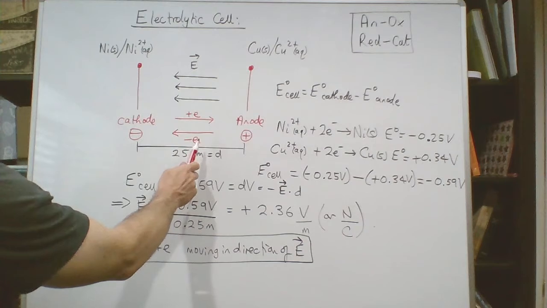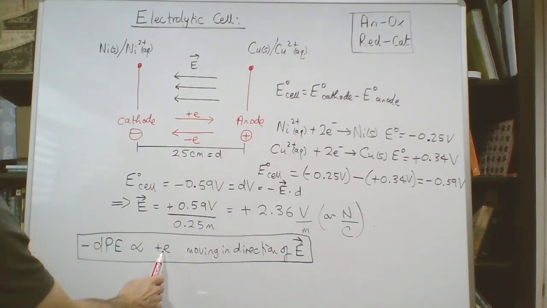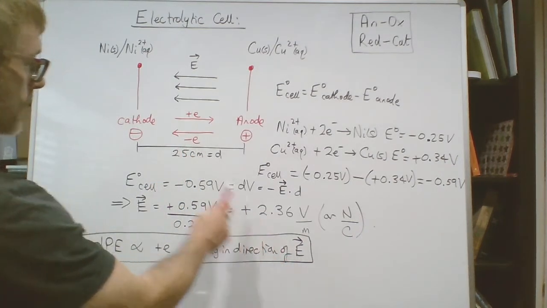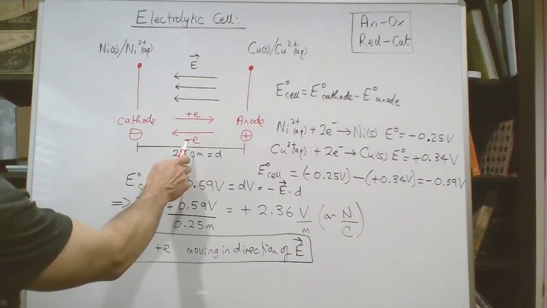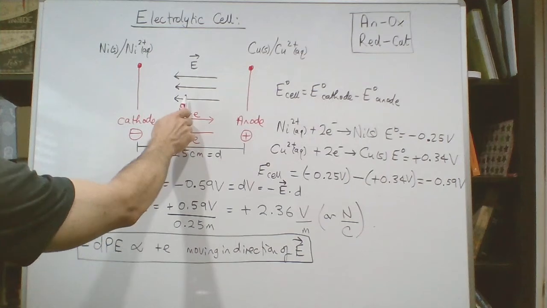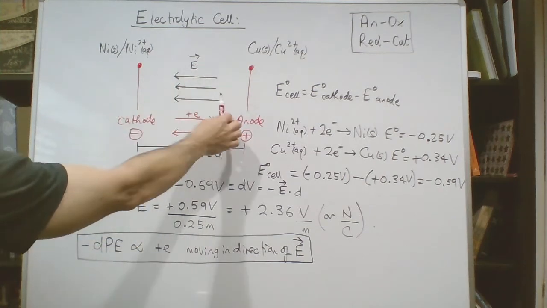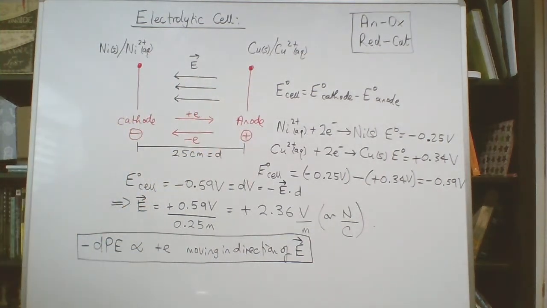So that means that instead of a positive charge moving in the direction of the electric field, what's actually happening with an electrolytic cell is I've got a negative charge moving in the direction of the electric field, which in this diagram are both right to left.